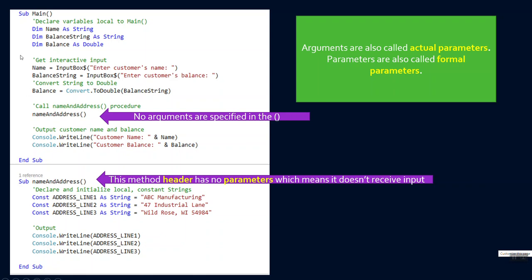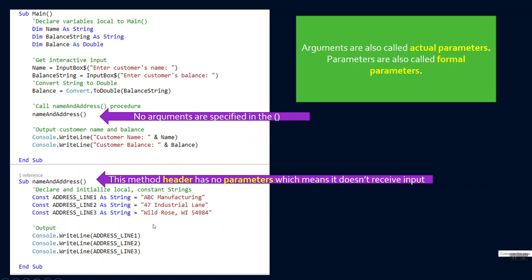And presumably both main and name and address are inside of a module that would begin up here at the top and have an end module down below that we just don't see right now. So name and address has its own set of constants. Name and address literally just prints out an address. So presumably this is our business, ABC Manufacturing.